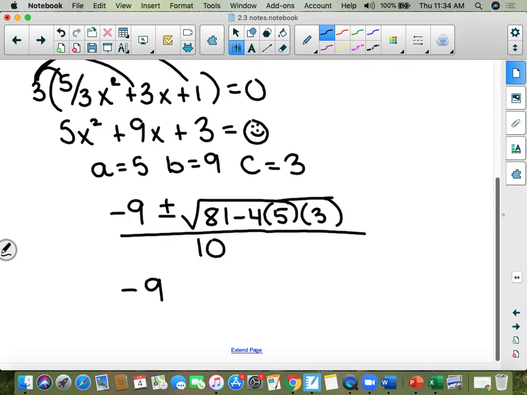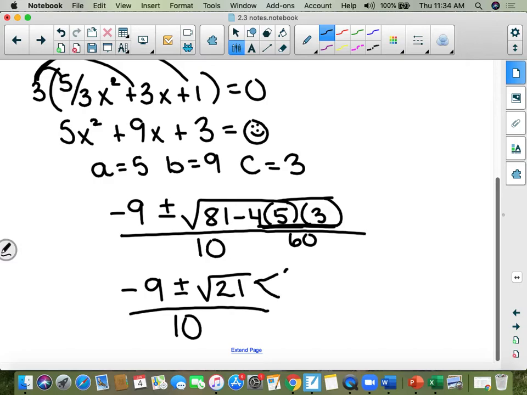Negative 9 plus or minus the square root of something over 10. 20 times 3 is 60. 81 take away 60 is 21. Can I reduce 21? It's made up of 3 and 7. There's not 2 of anything. There is my answer to my problem.